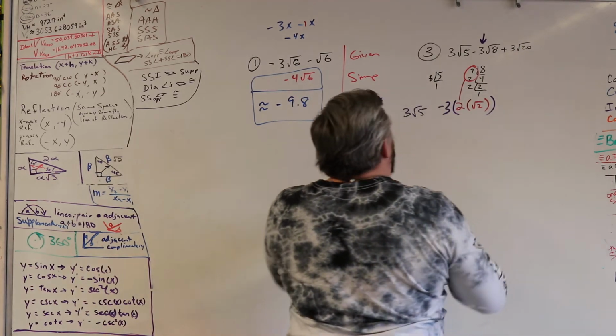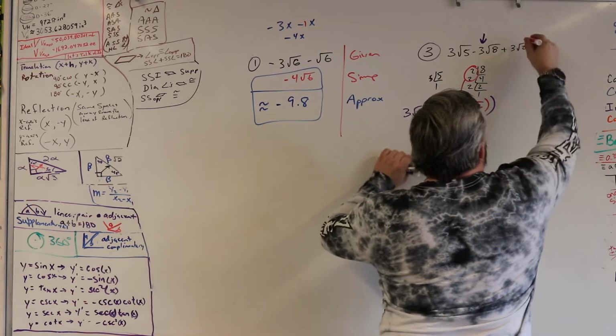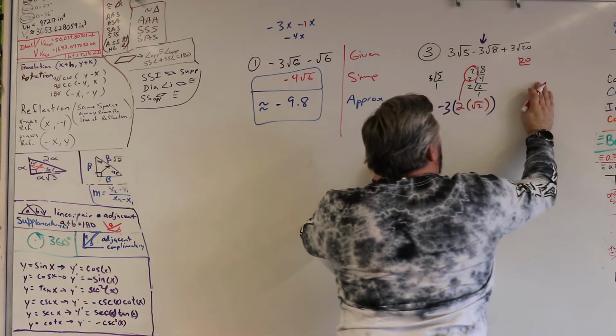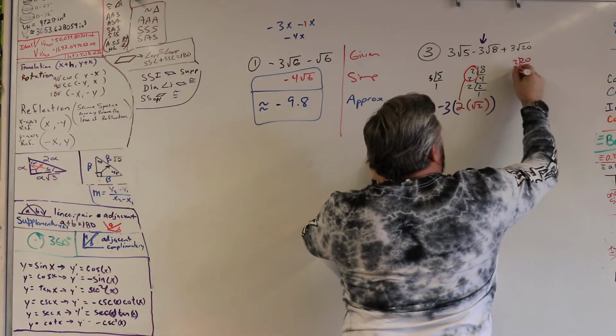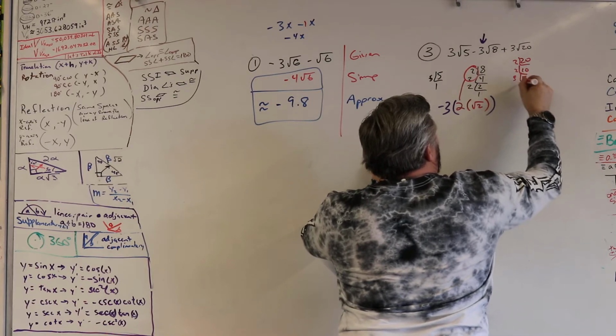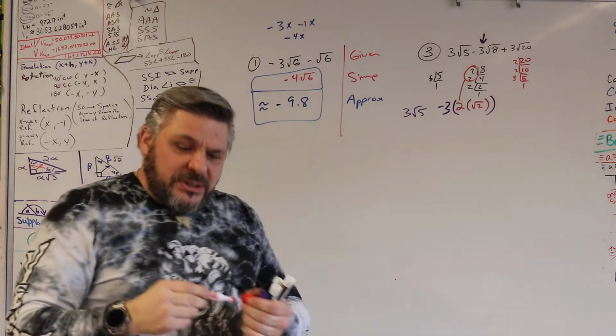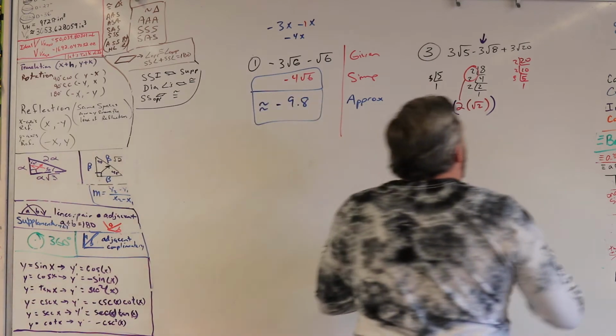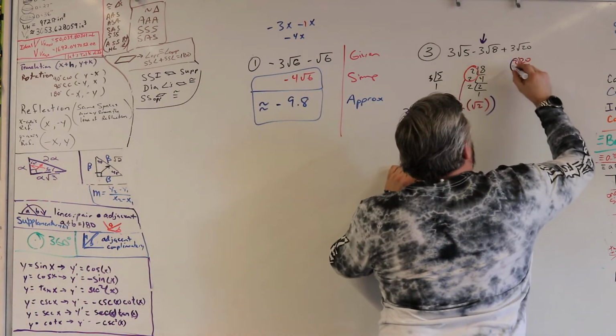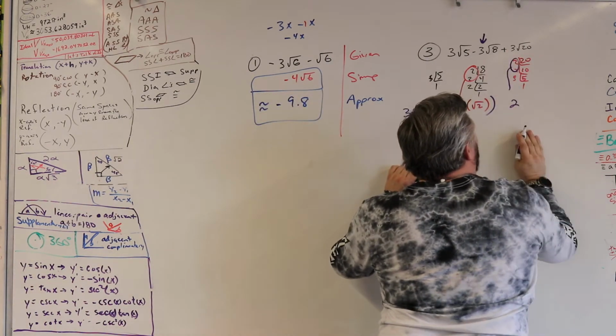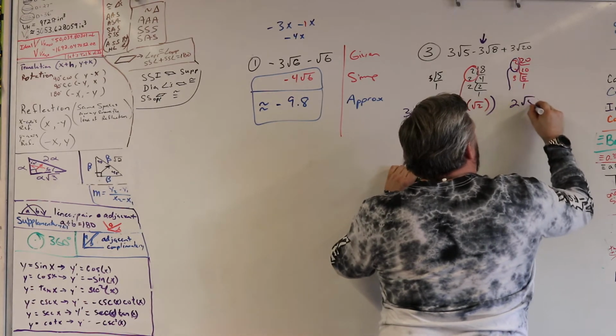But first, let's do this guy, which is 20. So 2 goes into 20 10 times, 2 goes into 10 5 times, 5 goes into 5 once. Remember, when you get to 1, you're done, right? And then what are you going to do? You're going to pull out the pair of 2's, and what's left inside is the 5.